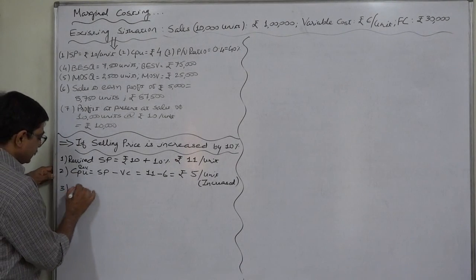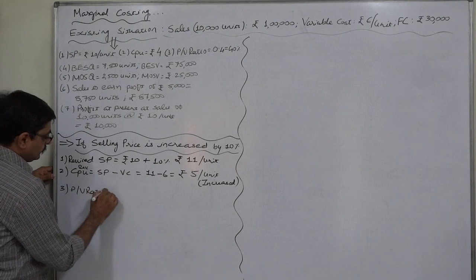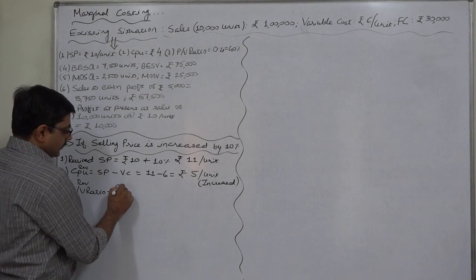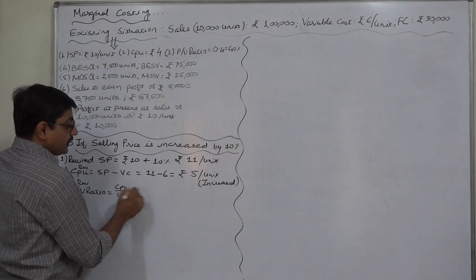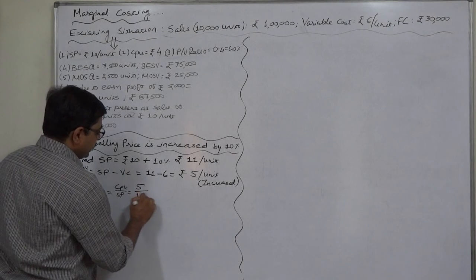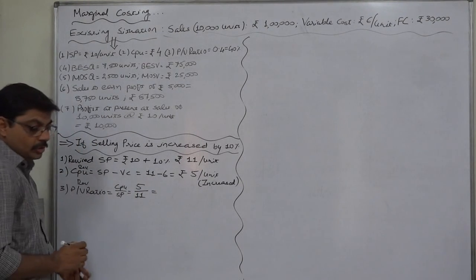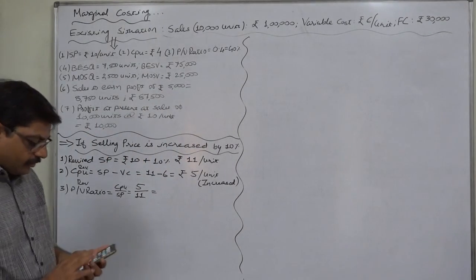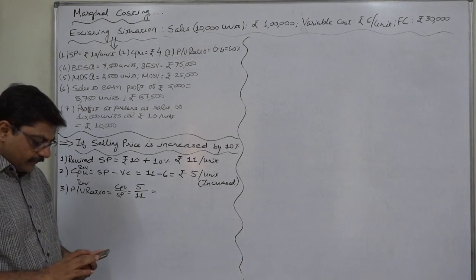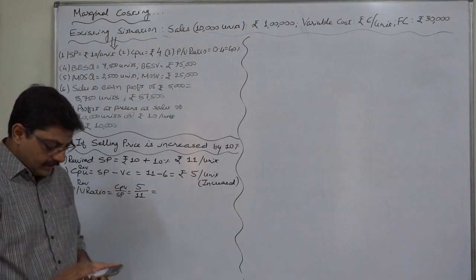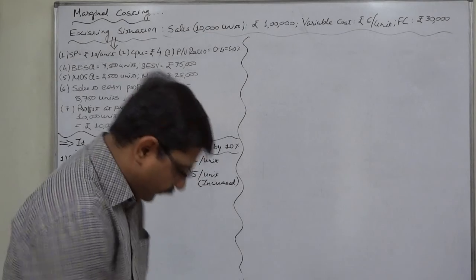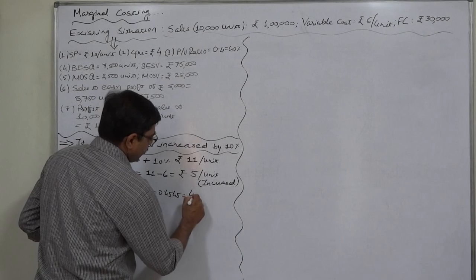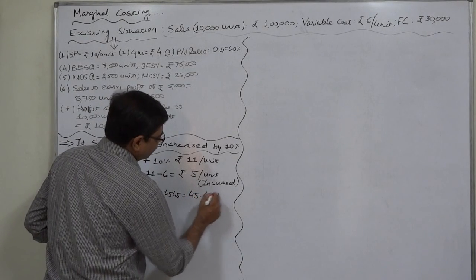After contribution comes the PV ratio. Now it will be as usual contribution upon selling price, but the revised contribution is 5 and the revised selling price is 11. So it is now 5 by 11. 5 divided by 11 is 0.4545, that means 45.45%.